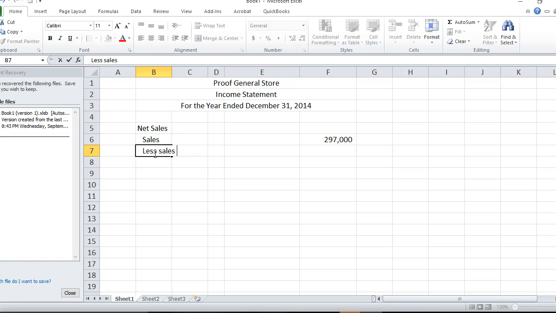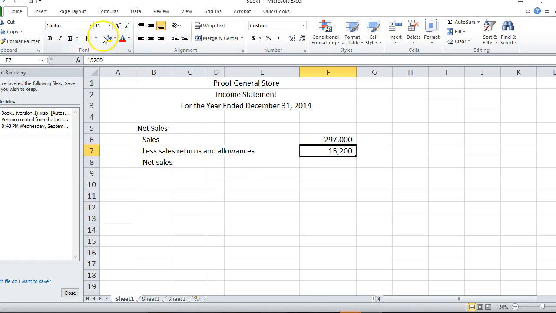So less sales, returns, and allowances of how much? 15.2. That becomes our net sales. The difference between those is our net sales, which is 281,800, isn't it?